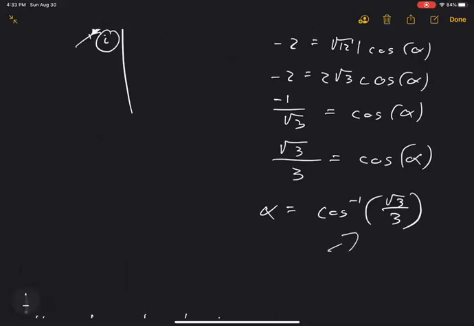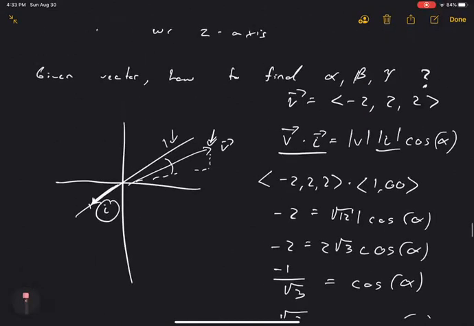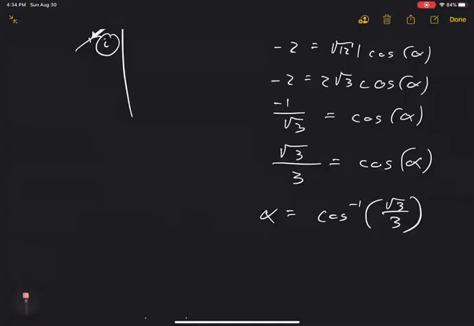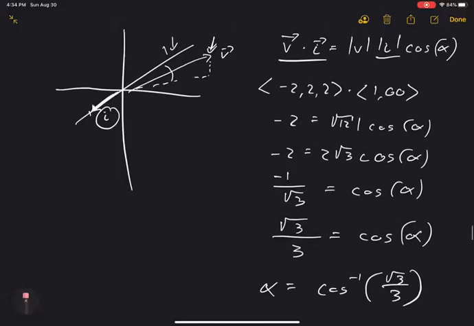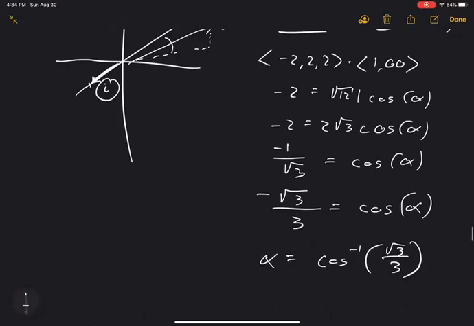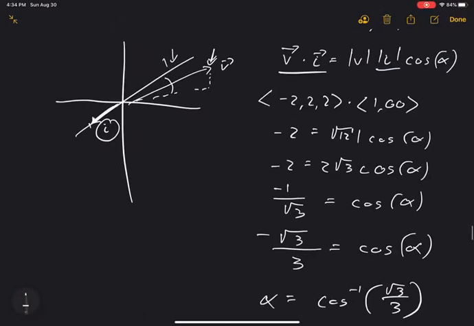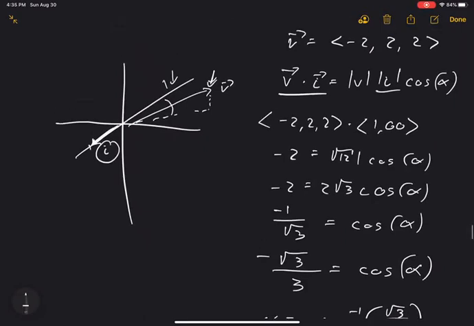If you plug this into your calculator, you'll get an answer, and that would be our angle. Oh, and I just realized I dropped a negative sign here. When I plug this into my calculator, I get the angle is 125 degrees. So the angle from the positive x-axis to my vector, that's actually how I should consider my alpha. That would be 125 degrees.